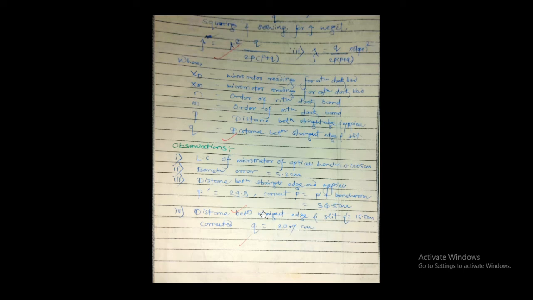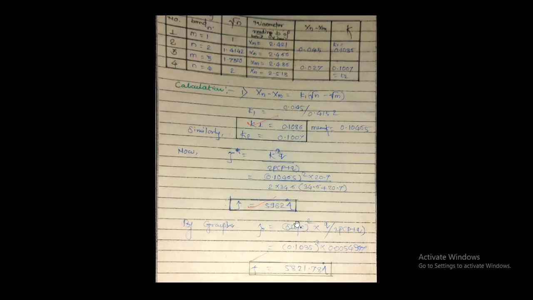What do we mean by bench error? As in the vernier caliper and micrometer screw gauge, where we find the instrumental error, on the same line we calculate the bench error for this optical bench, a big instrument kept in the dark room.